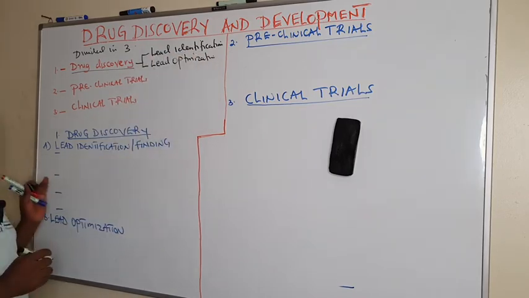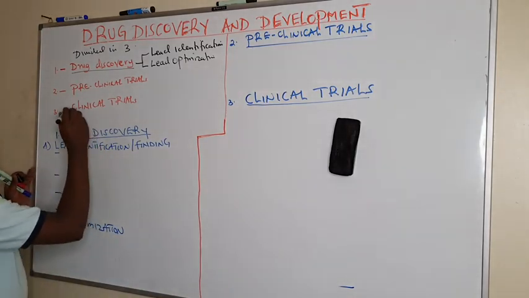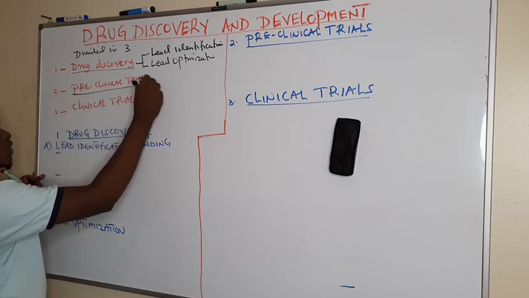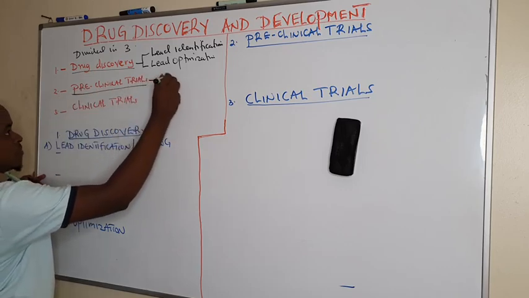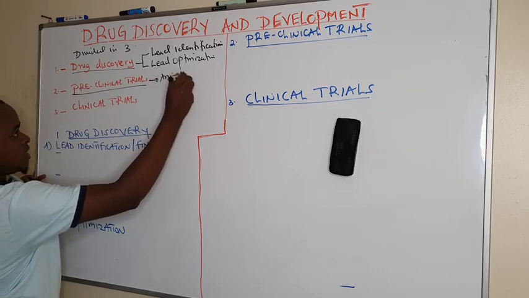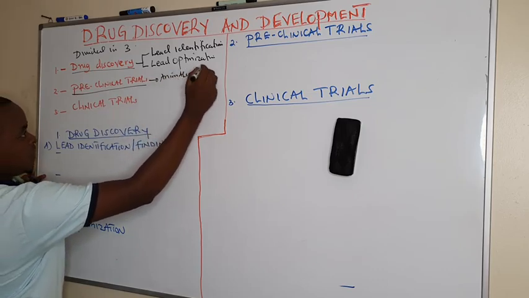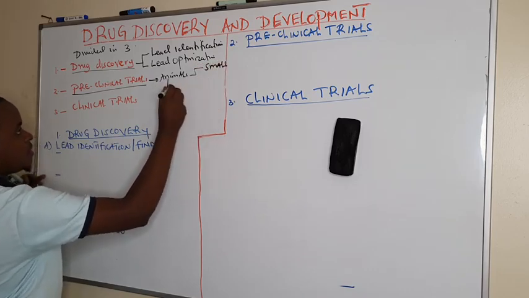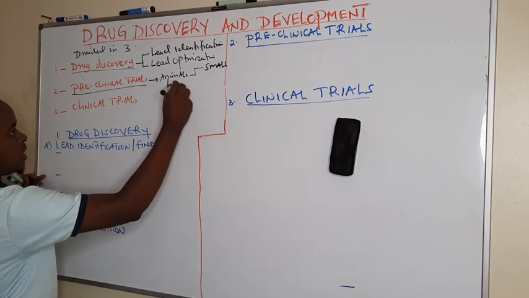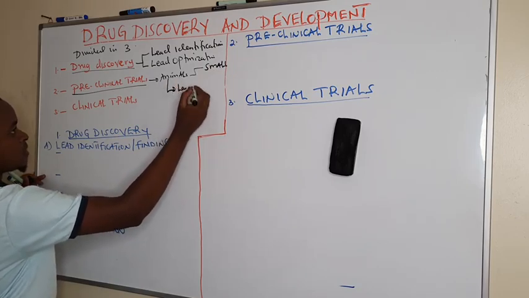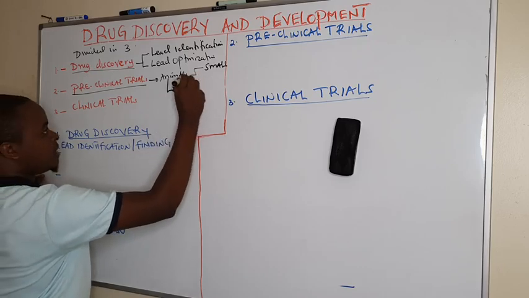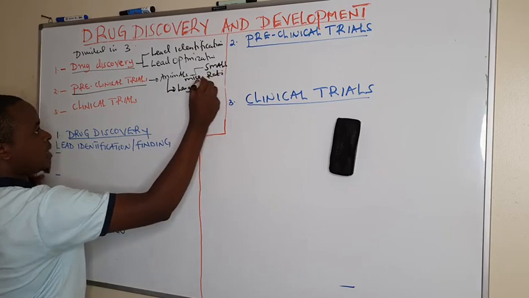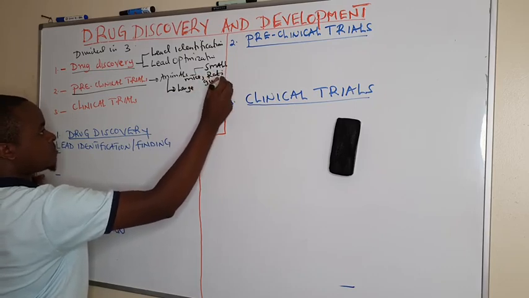Then after drug discovery, the second phase shall be preclinical trials. These are trials done on animals, whereby first they are done on small animals, then later we perform them on large animals. Small animals include mice, rats, and guinea pigs.